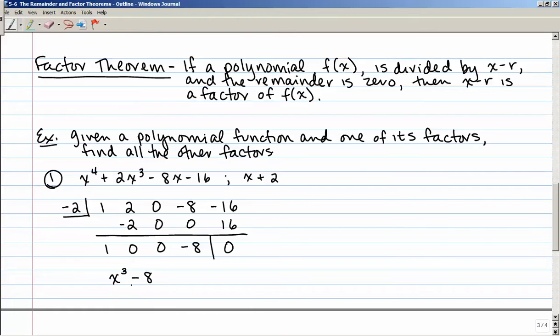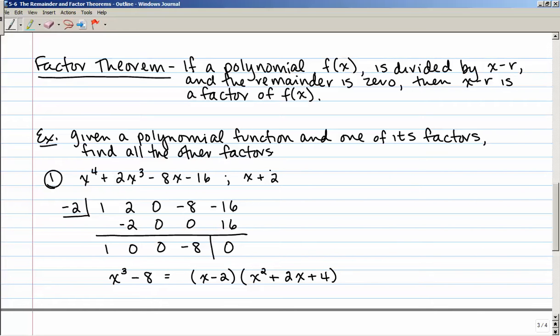So my other factor is x cubed minus 8, which remember will factor as the difference of cubes. 8 is 2 cubed, so that's going to be x minus 2 times x squared plus a times b, so 2x, and then b squared is going to be 4.